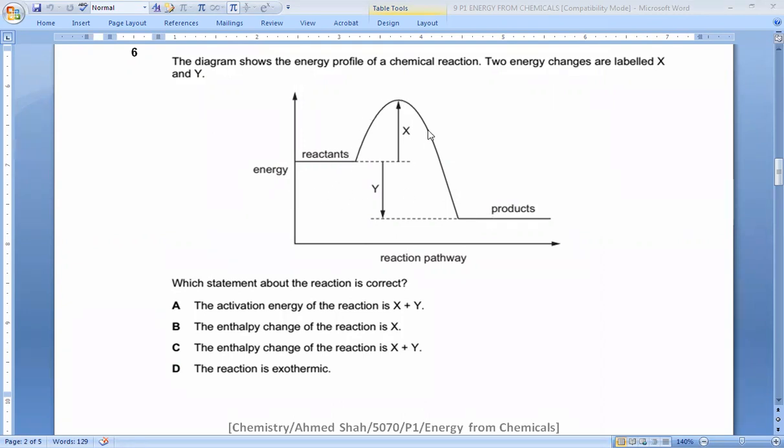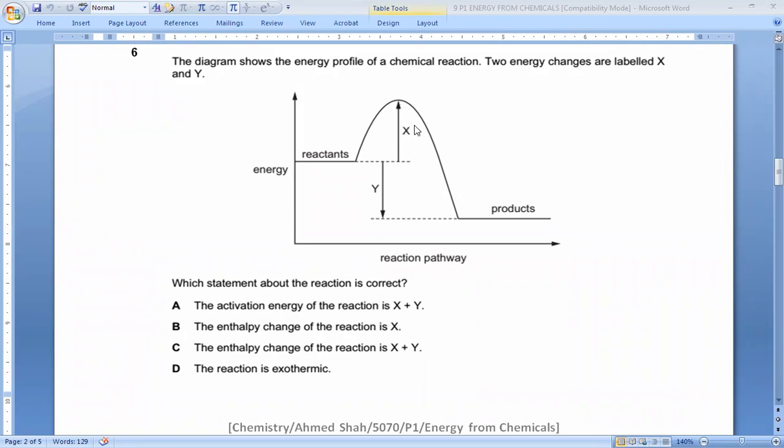Definitely, it must be the pathway of an exothermic reaction. Which statement about the reaction is correct? With Y, this is the extra amount of energy which is released, delta H, while X is the activation energy, if you remember. X is the activation energy.